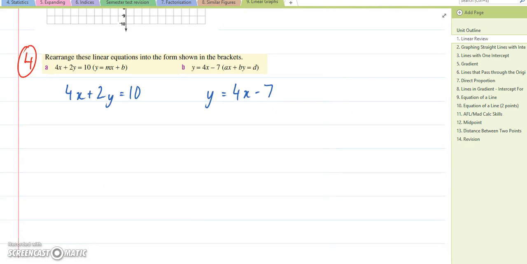Sometimes it's helpful to be able to rearrange different equations, so we're not changing the values of anything, we're just changing it so that it might be easier to see something or find something later on. And this first equation wants it in the form y equals mx plus b. We're making y the subject. So our first step would be to subtract 4x from both sides, which cancels here.